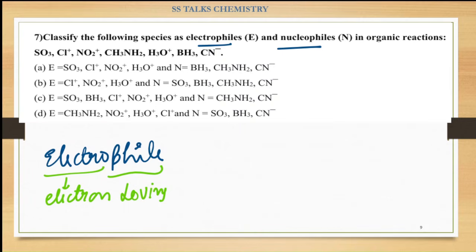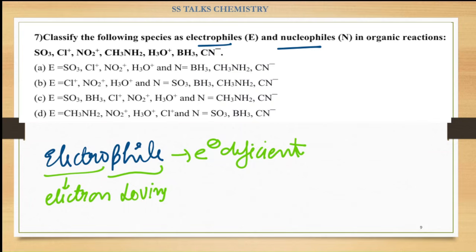So electrophiles are those which are electron deficient species. Which type of species can be my electrophile? They can either carry a positive charge or there can be presence of vacant orbitals in them. It can be a d orbital or a p orbital. So these are your electrophiles.